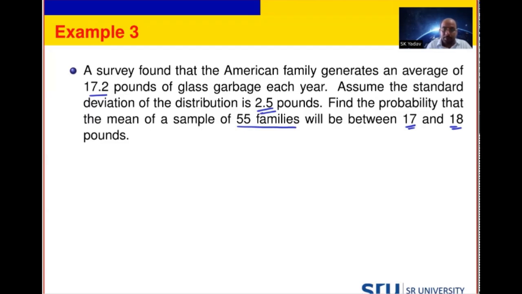So the mean of a sample of 55 families, so this is given as n equal to 55, and you have to compute the probability that 17 is less than or equal to x bar less than or equal to 18.